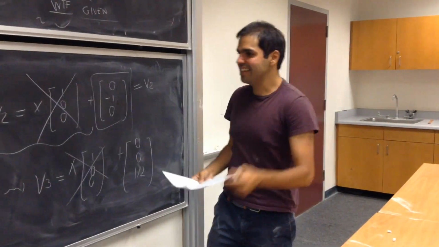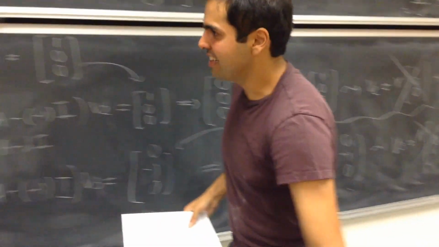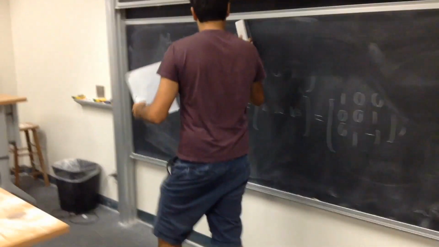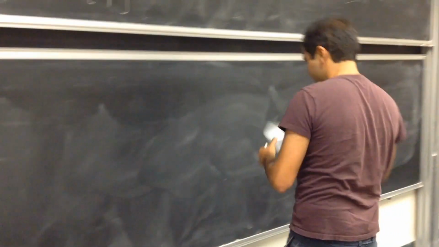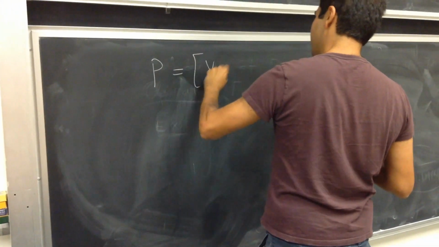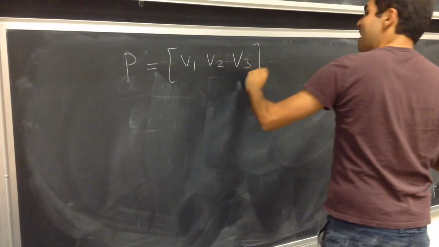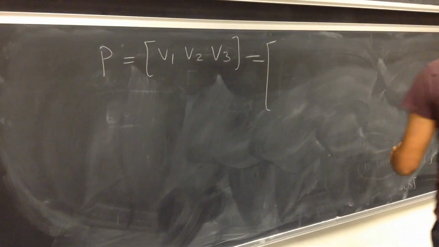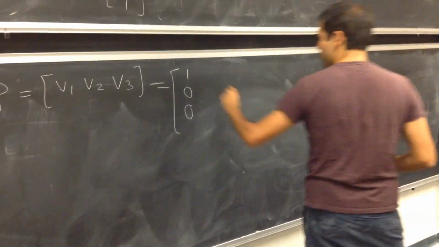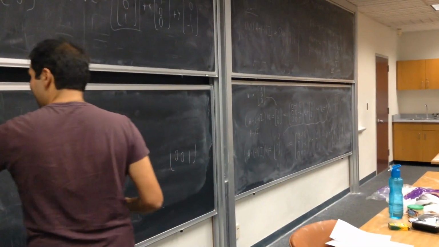This is fantastic because it tells you we're basically done. If you define P to be the matrix of all the vectors that we found, so P is the matrix v1, v2, v3, and important, the order does matter right now, so it's 1, 0, 0, 0 minus 1, 0 and 0, 0, 1 half.